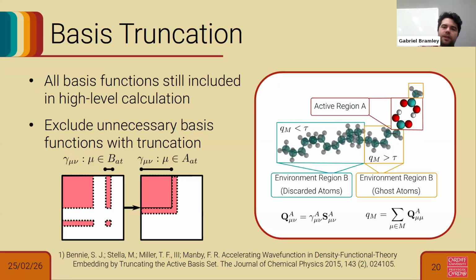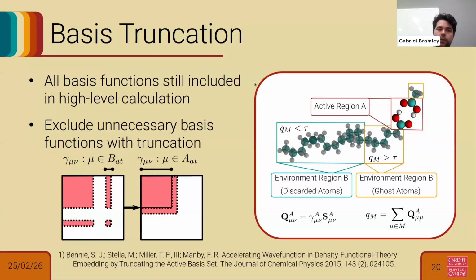Now, we know from the nearsightedness principle that some of the charge contributions to the active subsystem are not going to be all that important. So we know there's very little charge from the active region, especially if we localize our charges that reside within the environment subsystem. So what we have here is the ghost atoms that you would see ordinarily in a calculation.